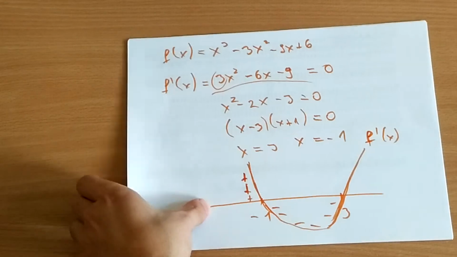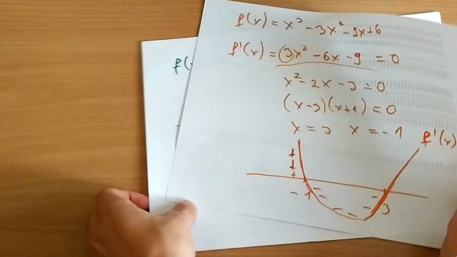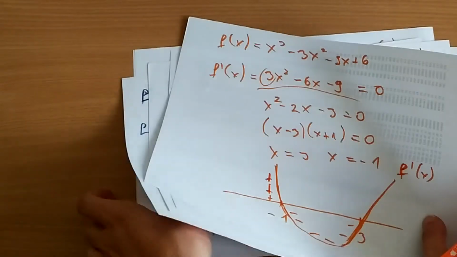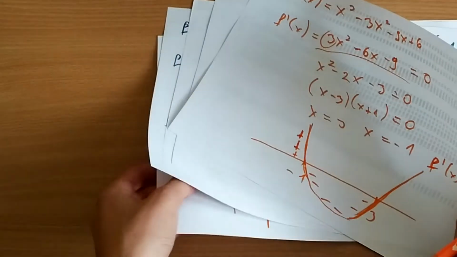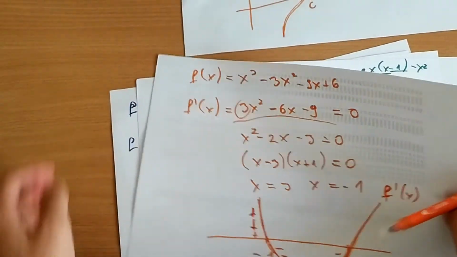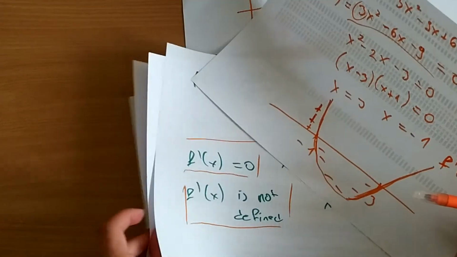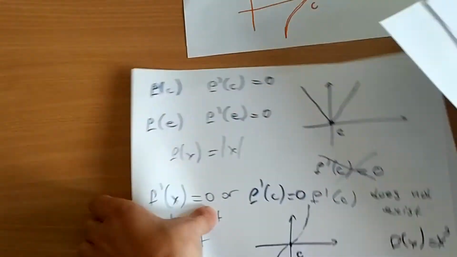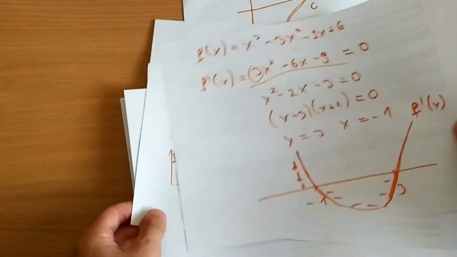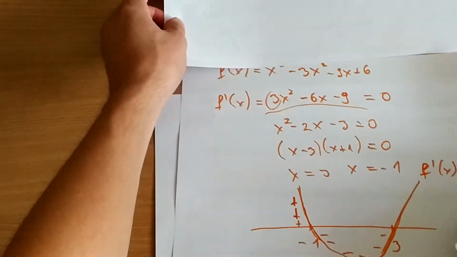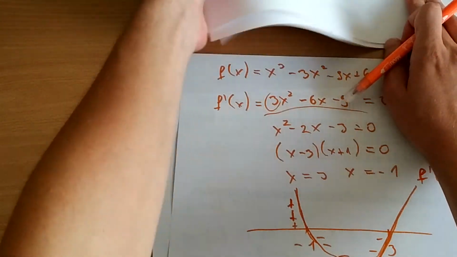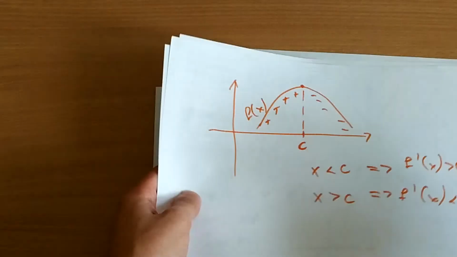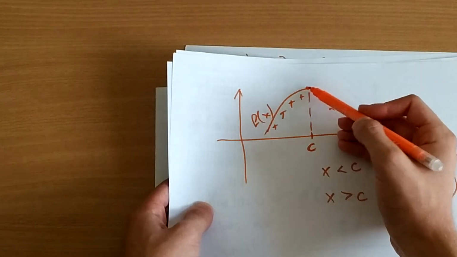Now what does that tell us? You can see that the derivative goes from positive to negative, so this is a maximum point.